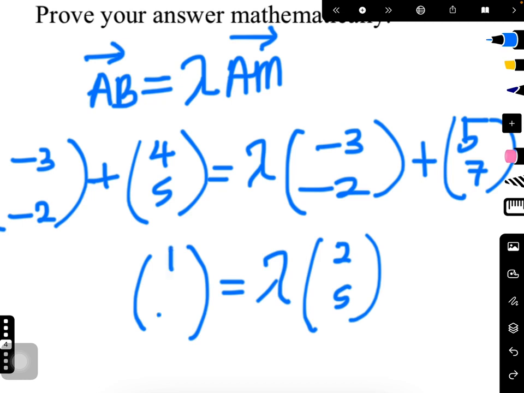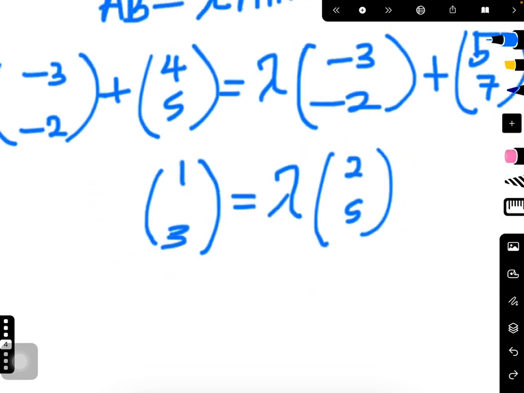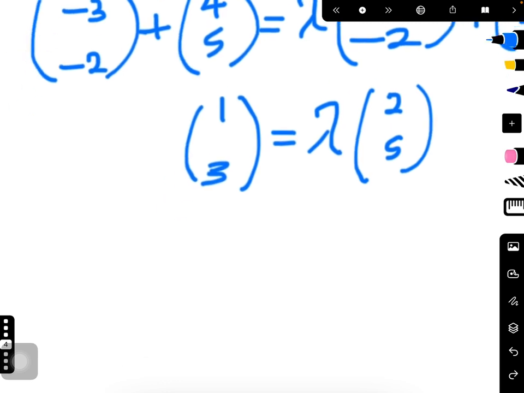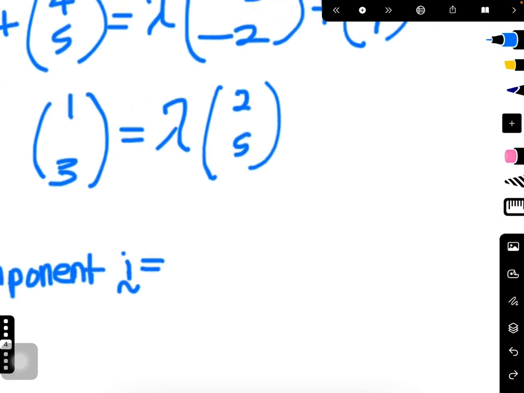1, 3 equal to lambda 2, 5. Sorry, my pen is breaking. So what is the component i? For component i, what is the value of lambda?